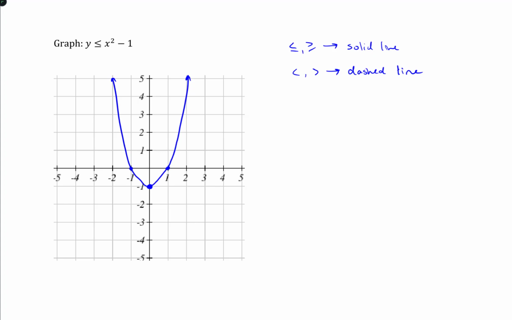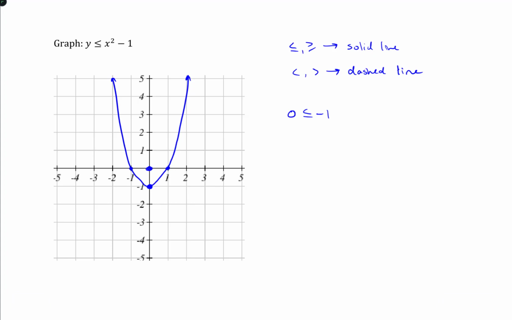And lastly, I need to know if I need to shade the inside of the parabola or the outside of the parabola. Luckily, the origin is very easy to see as one side or the other. So I'll plug the origin into this inequality. The y value is 0, and the x is as well.